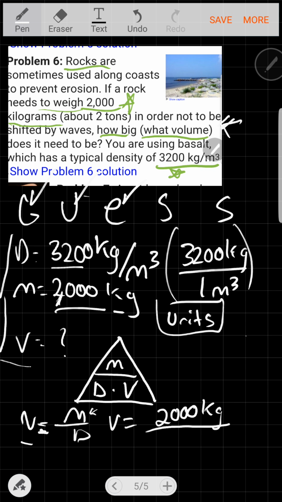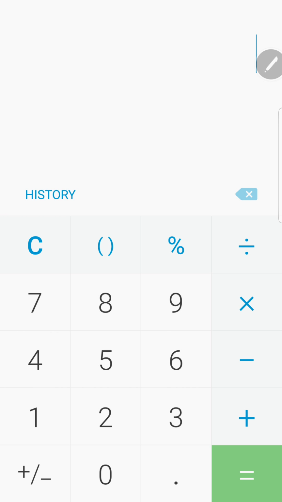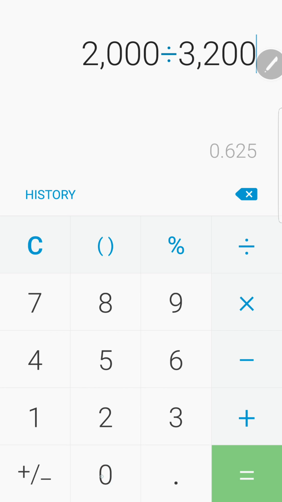And the density was 3,200 kilograms for every 1 meter cubed, per meter cubed. Then I go into the calculator and plug that in. It's going to be 2,000 divided by 3,200.